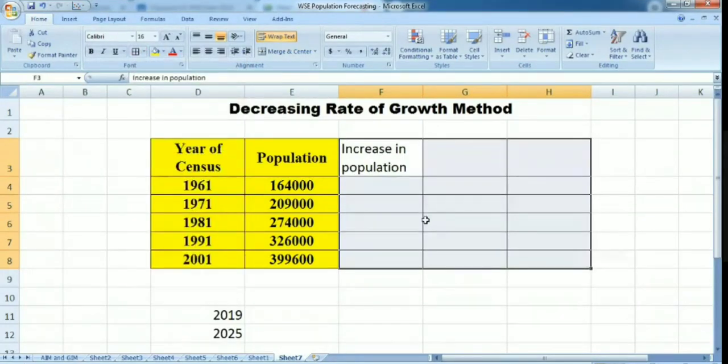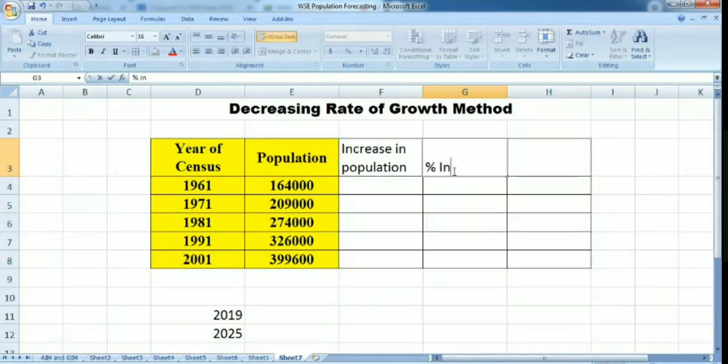Percentage increase. Yes, percentage increase. Anything else? Decrease in percentage increase, sir. Yes, decrease in percentage increase.